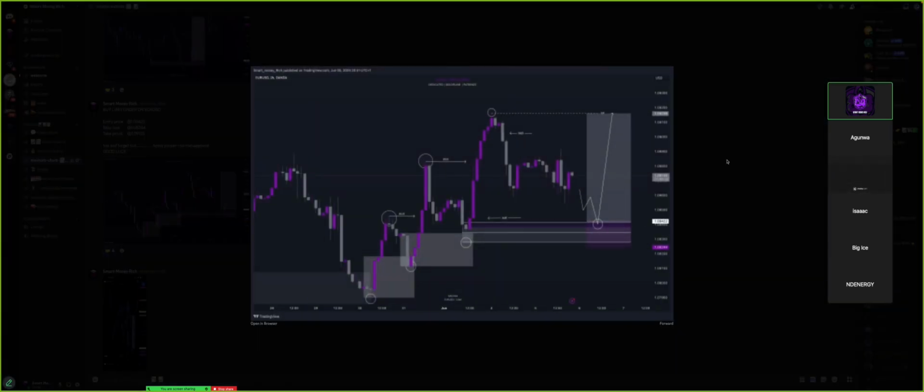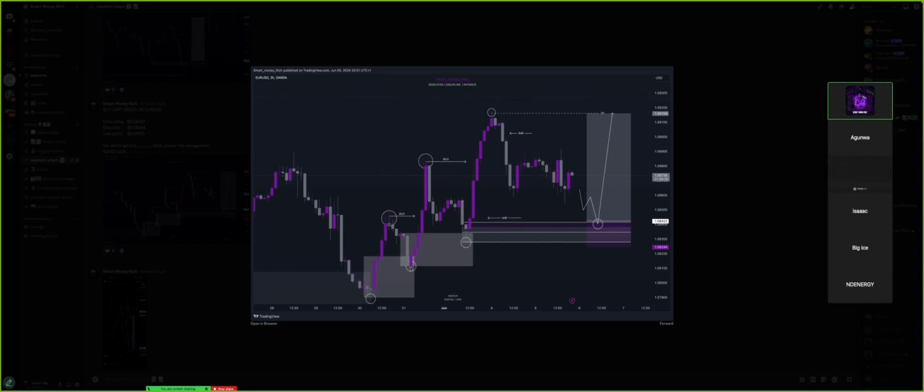For the break of structure, while we are looking for the change of character, let's also be talking about the break of structure. Now, I said the break of structure is the break above the previous high or the previous low in continuation of the direction that the market is currently trending in, right? Now, if you see we have a low, we have a high.